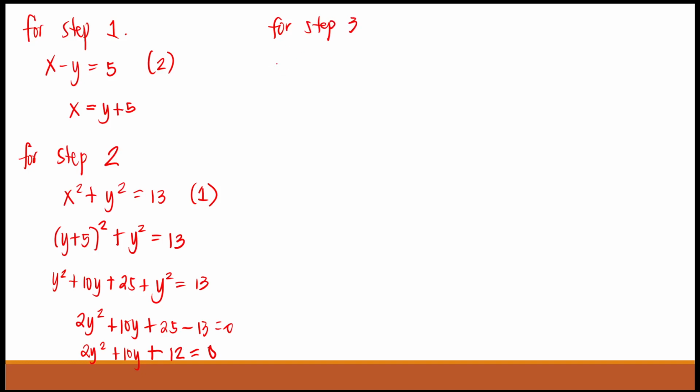The result is 2y squared plus 10y plus 12 because that is only a quadratic equation in one variable. So we solve for y. We can do that by quadratic formula or completing the square, or if you can factor it, let's factor it.